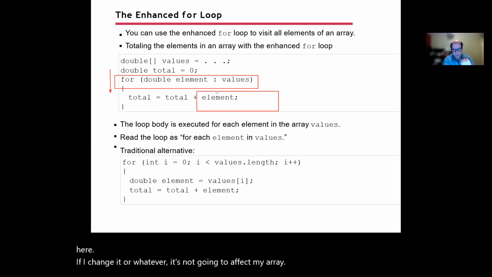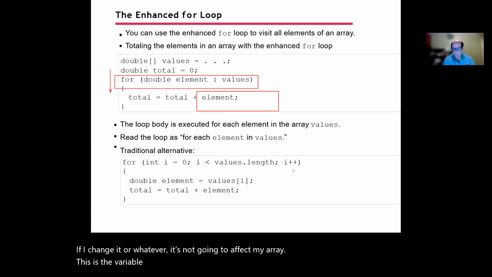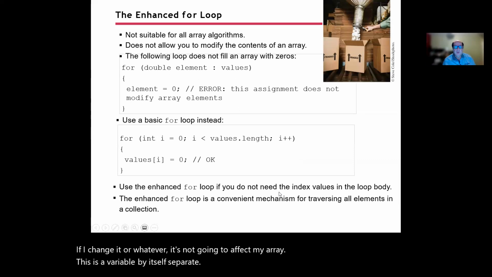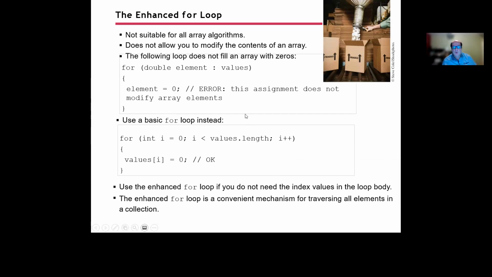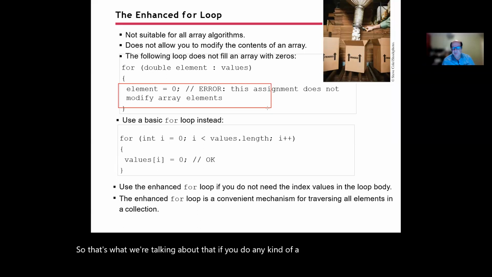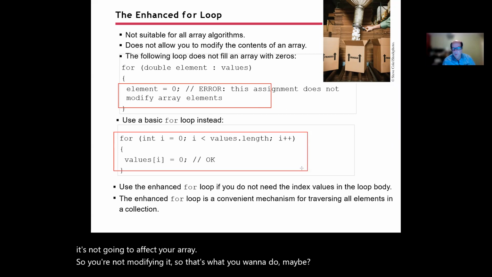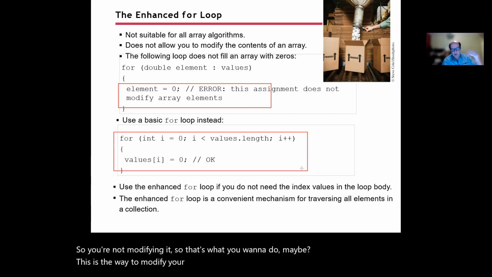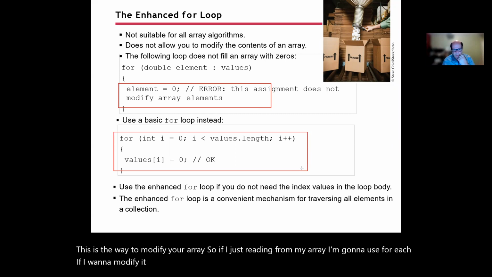This is the variable by itself, separate. So if you do any kind of modification with the element, it's not going to affect your array. So you're not modifying it. If I'm just reading from my array, I'm going to use for each. If I want to modify it, I'm going to use the traditional for loop.